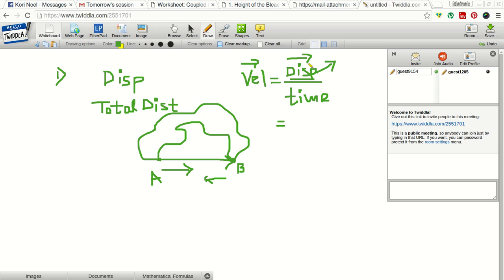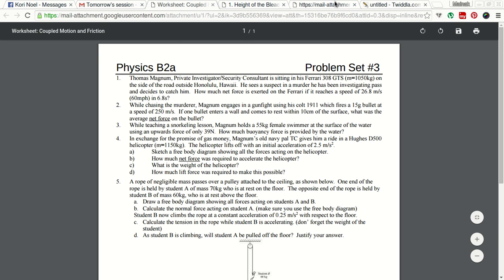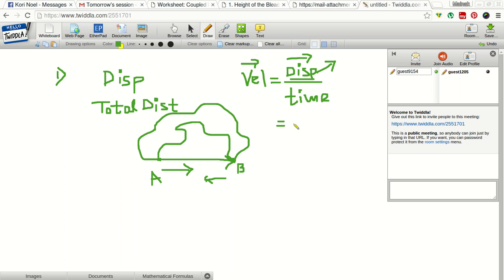I think you already know this. So why don't you tell me the answer for this particular problem? 43 meters is the total distance covered, and 3 meters is the displacement. So what is the velocity? Velocity equals 0.3 meters per second, 3 divided by 10, right?